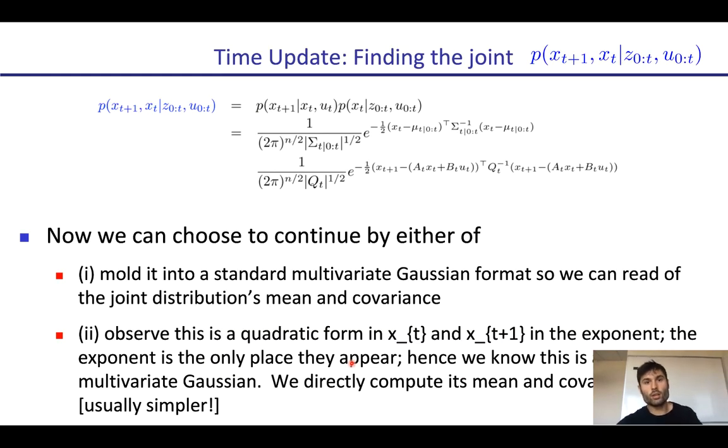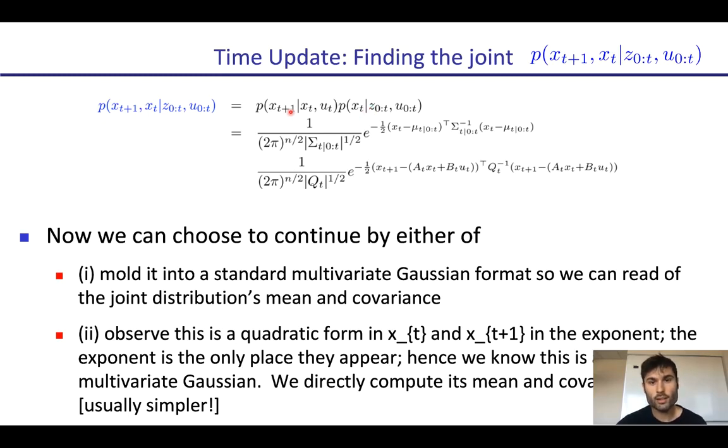We want to find this joint distribution, and to do that we just need to find this term, because we assume that we know the probability of x_t given the measurements and the actions.